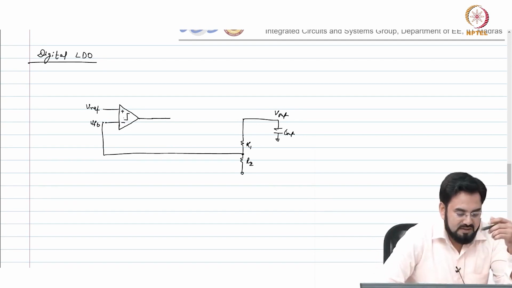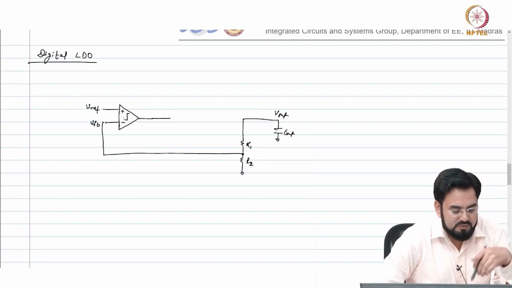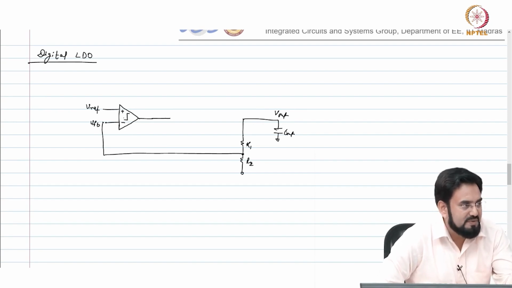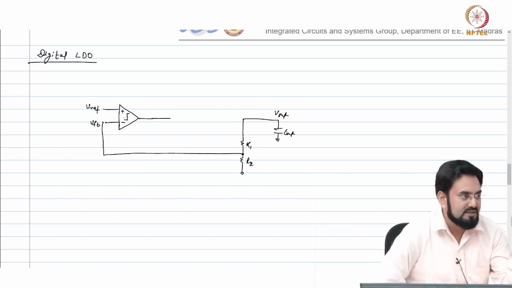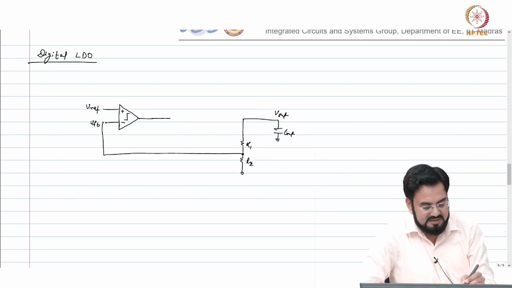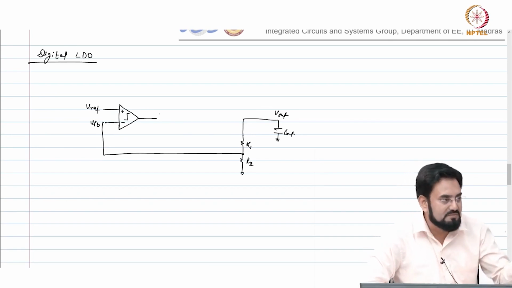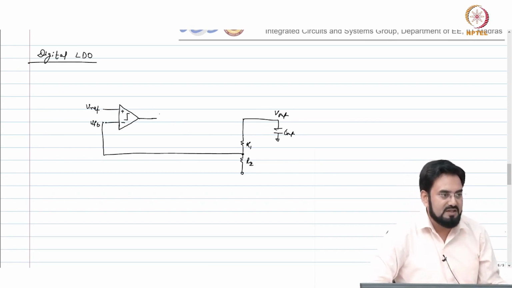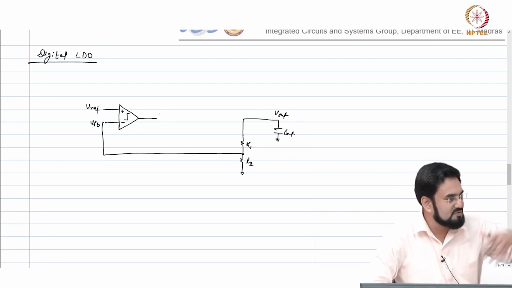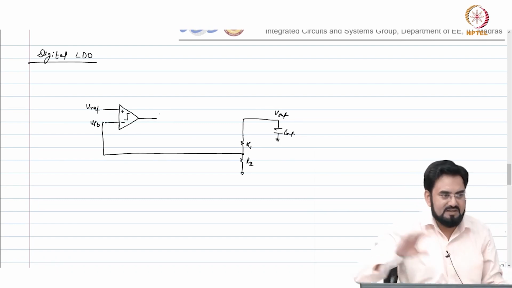If you do not want to use an accumulator, then you use a flash, but depending upon resolution you require that many comparators, 2 to the power n minus 1, and that will bloat your area. That is why I was saying you can make it as complicated as possible depending upon your requirement. If you need it very fast, you just use flash and that will do your work.